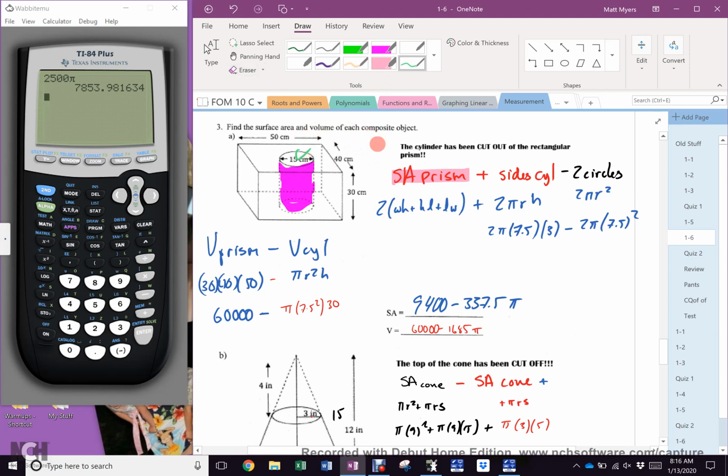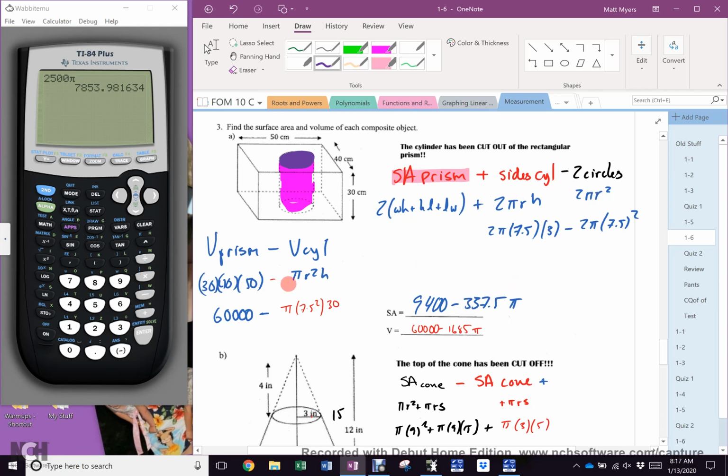So what did I create? New surface. So I had to add the sides of the cylinder, right? And the sides of the cylinder are 2 pi rh. But this is now a hole in it, isn't it? So I actually removed 2 circles. Everybody understand? Then you just do the math.